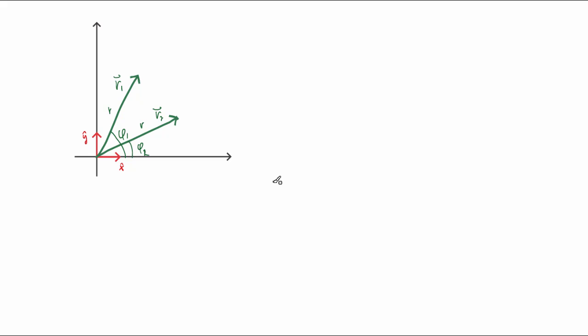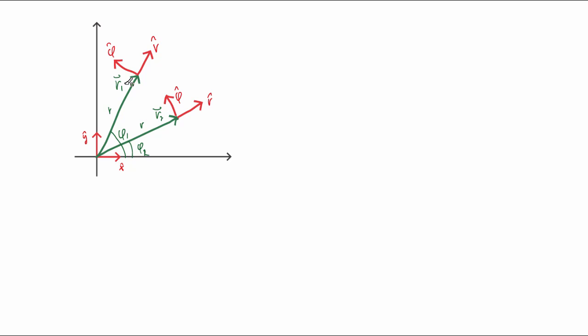Okay. Now, in order to decompose them, the natural thing to do is to decompose them onto the unit vectors that are associated with the positions at their tips. Right. So we'll have an r hat here, a phi hat there, as well as an r hat and a phi hat there.